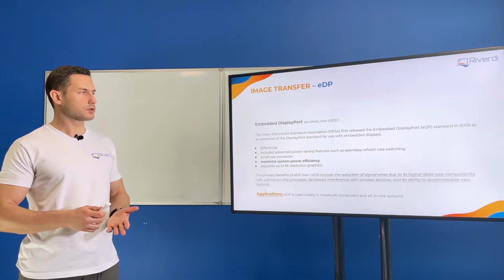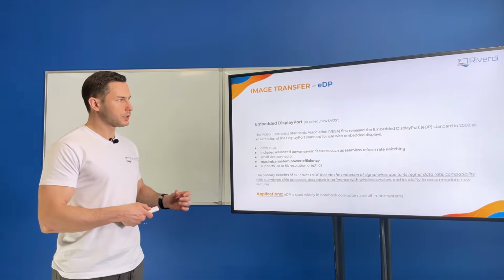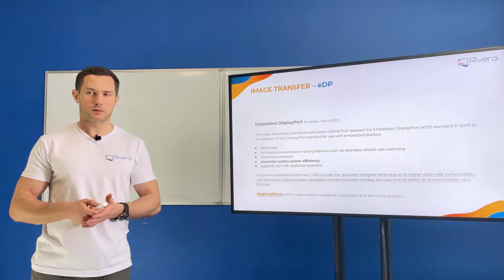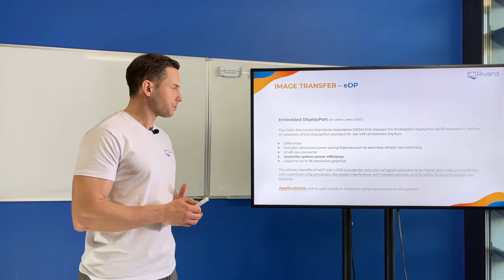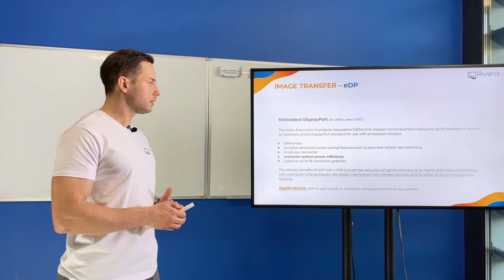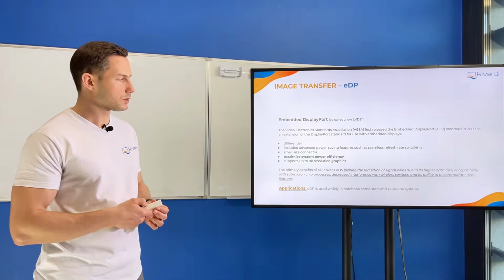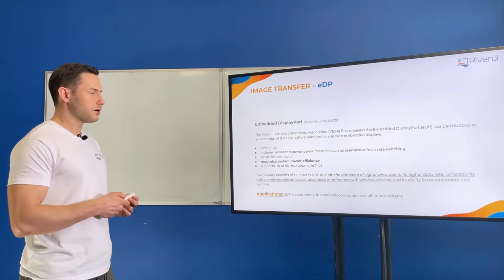So we have processors on the market, and we need displays on the market with embedded DisplayPort. And I would say that many laptops and monitors right now are using embedded DisplayPort as an internal interface instead of LVDS, but LVDS is still popular, and in industrial displays it is the most popular.